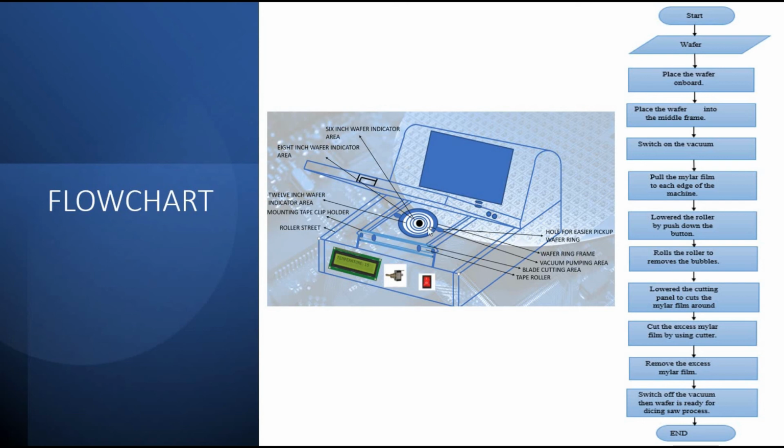Next, we roll the roller to remove the bubbles. Lower the cutting panel to cut the mylar film around. And then next, we cut the excess mylar film by using the cutter. And then we remove the excess mylar film. And then the last one, we need to switch off the vacuum. Then the wafer is ready for the dicing saw process.